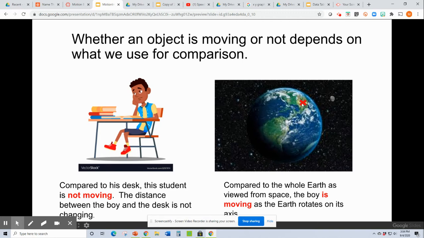But if I compare the motion to something different, if I'm hovering up here and I'm watching as the entire Earth rotates, then I would say that the boy is in motion. In fact, at the equator, he would be moving at about 1,000 miles per hour as the Earth rotates on its axis. So whether or not an object is moving actually depends on what we're using for comparison.